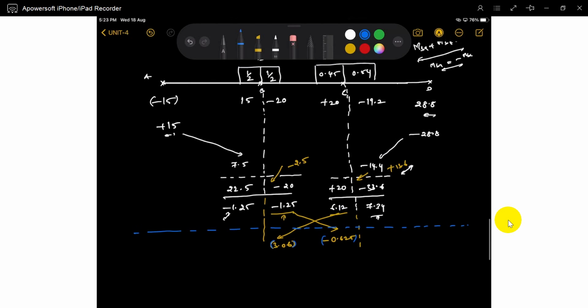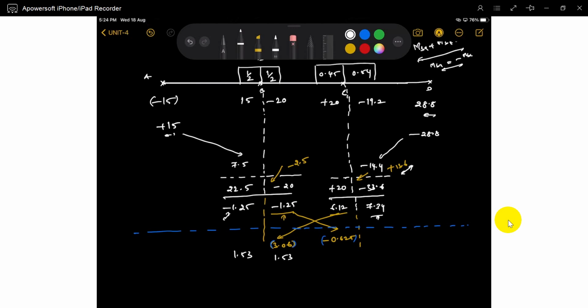So again, how can you distribute it? How can you distribute 3.06? 3.06 is distributed with the same distribution factor, 3.06 divided by 2. What is that value? It's 1.53.